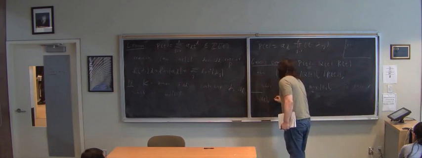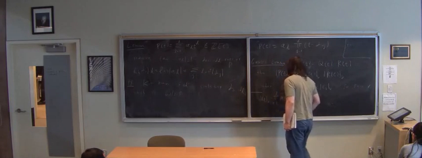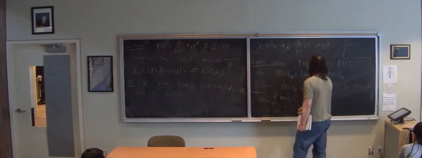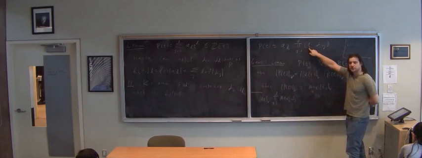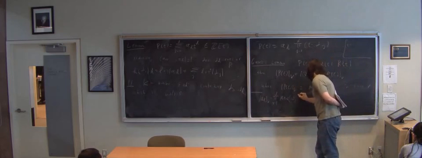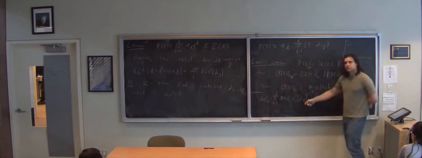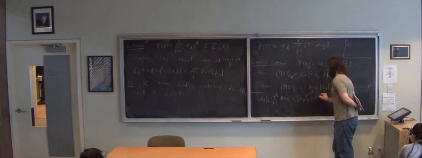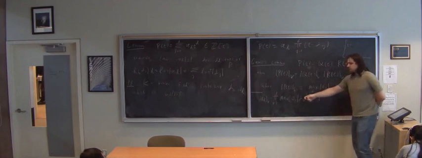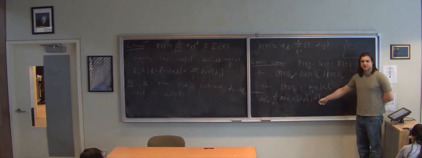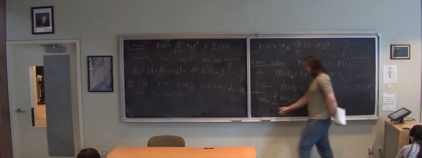Well, it's exactly the product over j from 1 to d of the max of the norm of this coefficient, which is 1, and the norm of alpha j. So what you learn is this product is equal to 1 for all finite places. Okay?